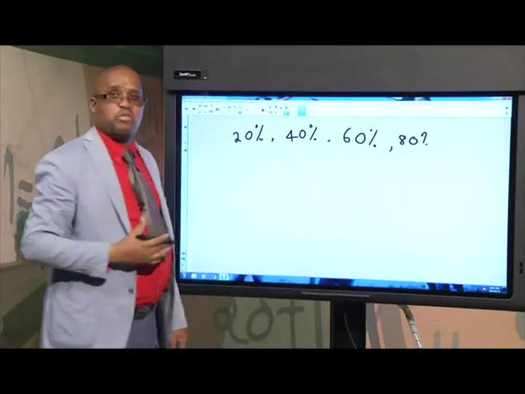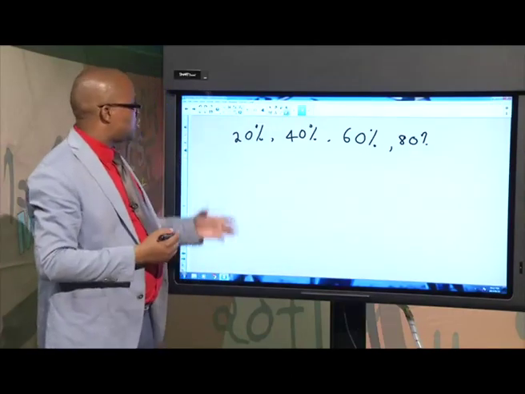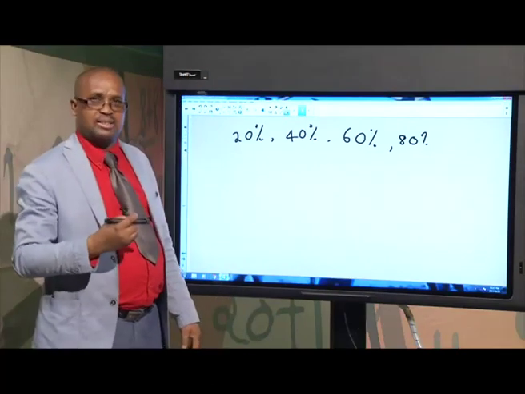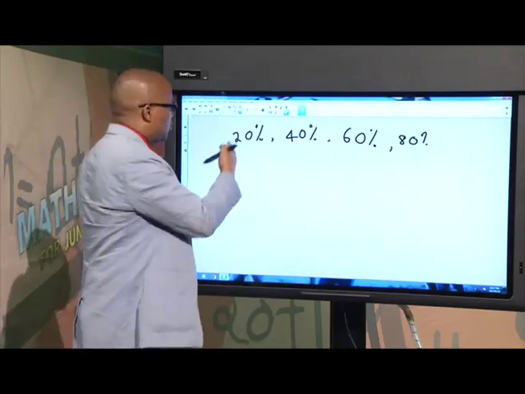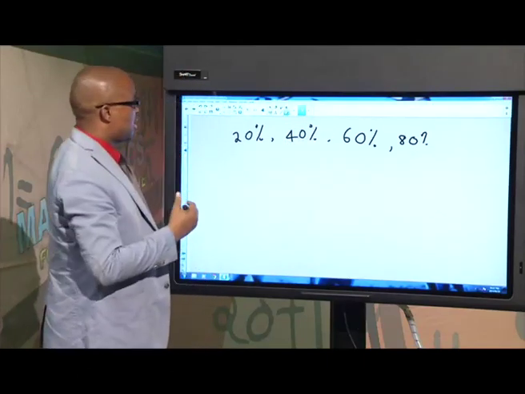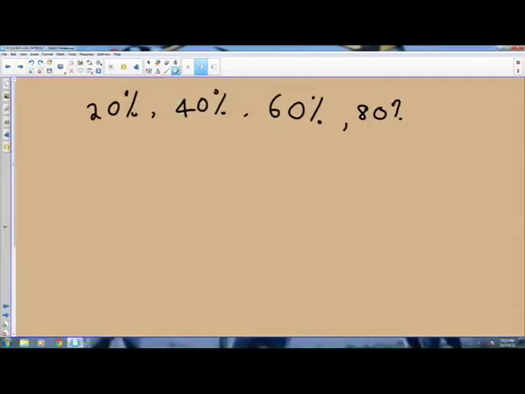What we have done here, we have formulated a sequence in percentage form. Now, how do you describe in words how this sequence is formed? It's a sequence of percentages. Now, we've got 20, 40, 60, 80. When you have a close look at this, you can see that every time you are adding 20% to get the next term within this sequence.